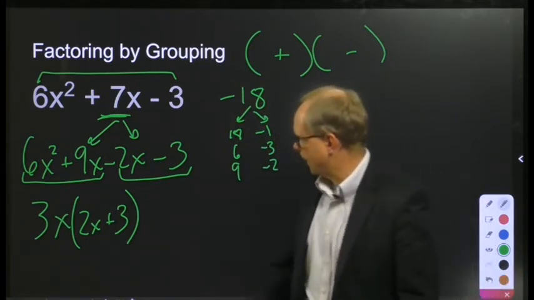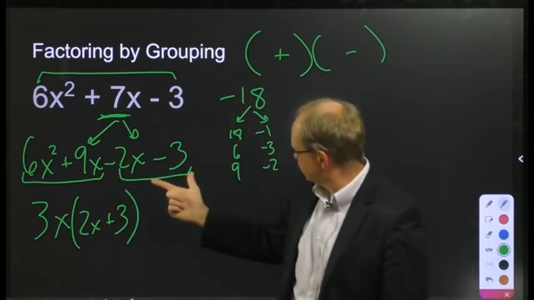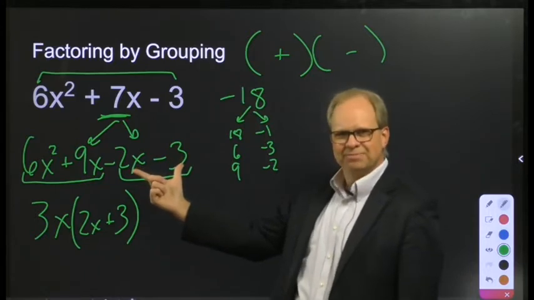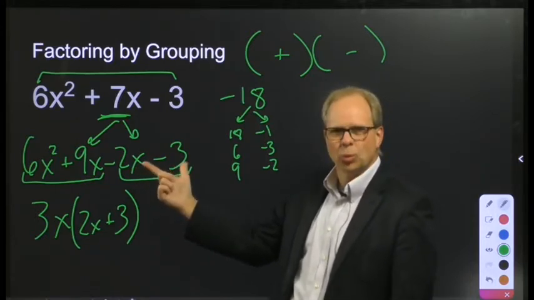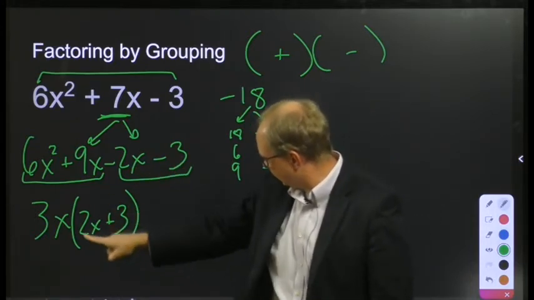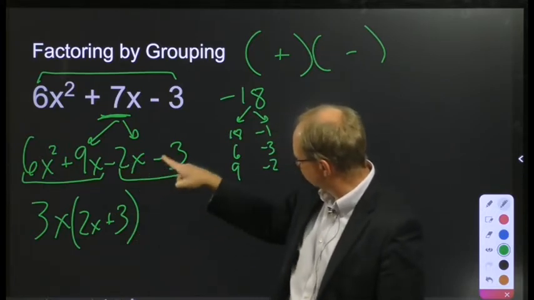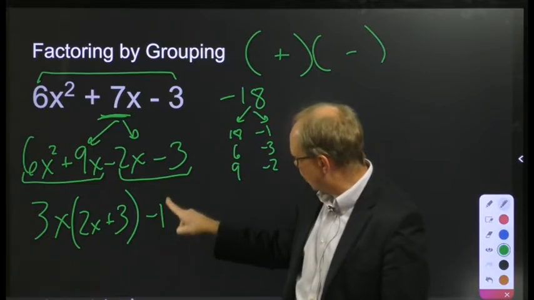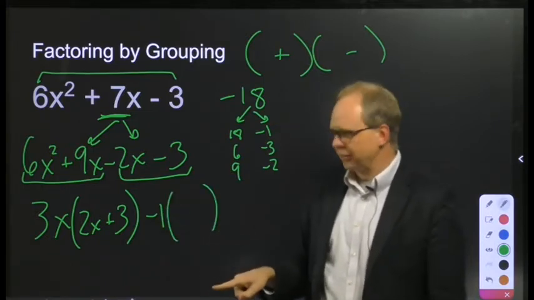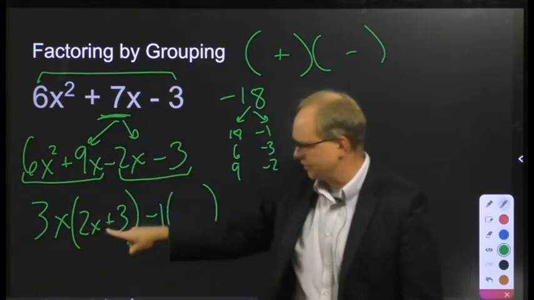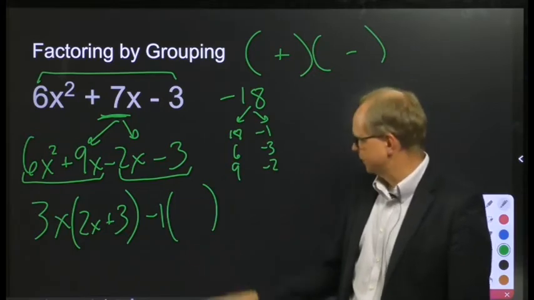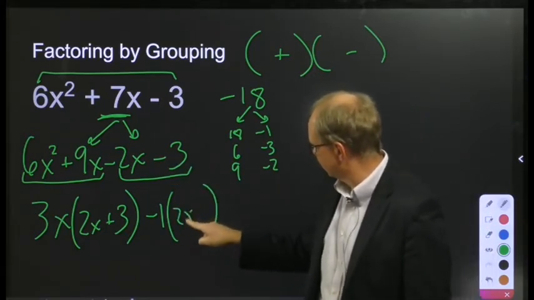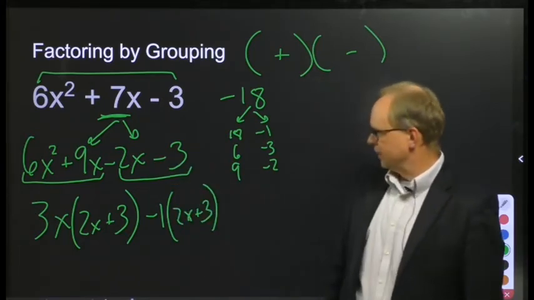Bingo. Same thing with this one. There's no real common factor other than 1, but notice this is a 2x plus 3, and this is a minus 2x minus 3. If we take out a negative 1 from both of these, then it's going to match up exactly with the factor we have over here. That's going to be a 2x plus 3 in the second term.